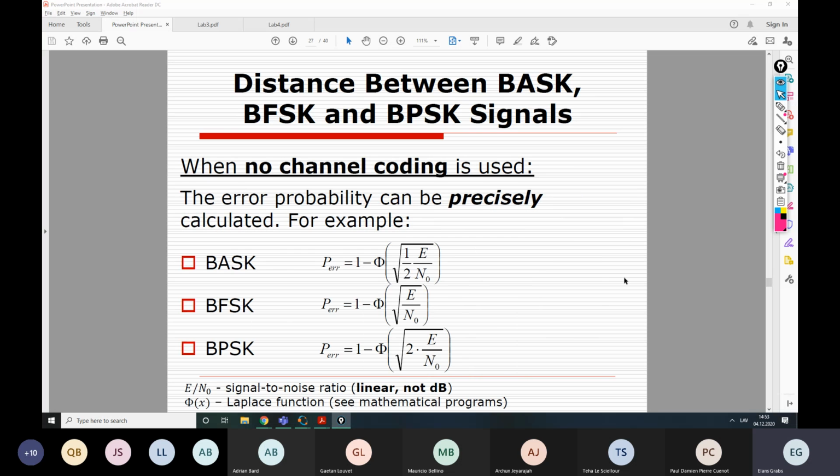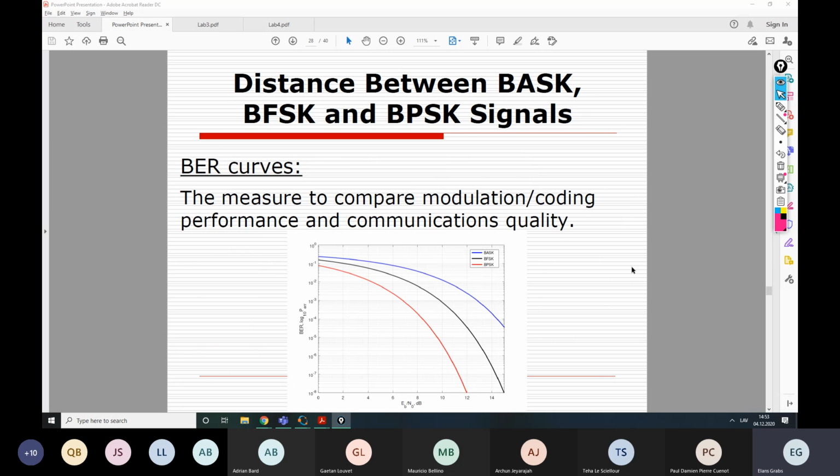Okay, so these error probabilities can be calculated, and basically what will happen in your course project is that for your specified modulation type, you will obtain this line based on simulation.